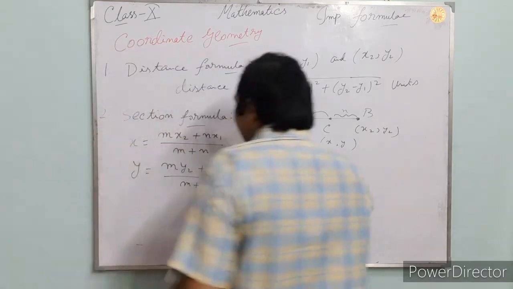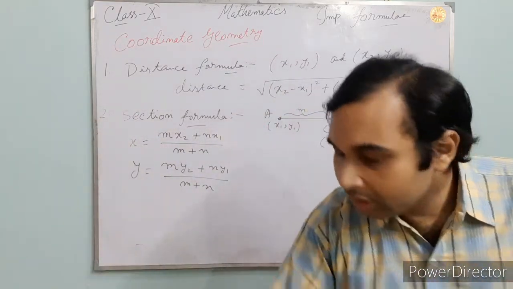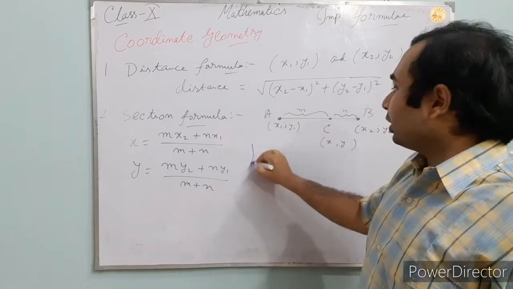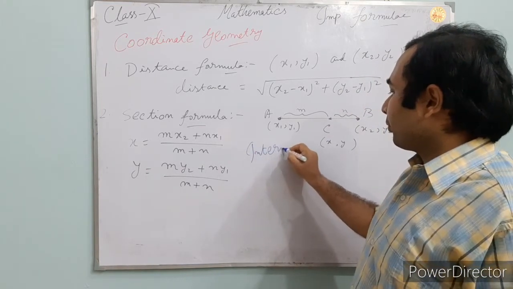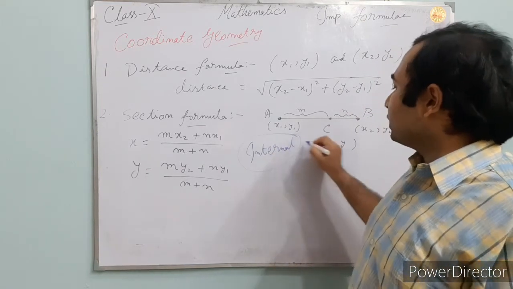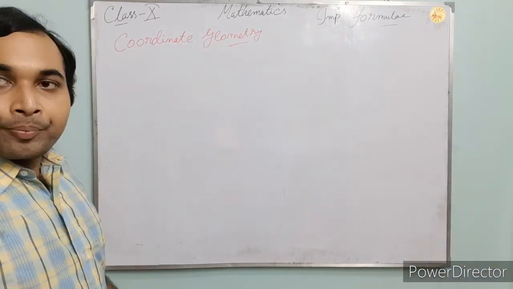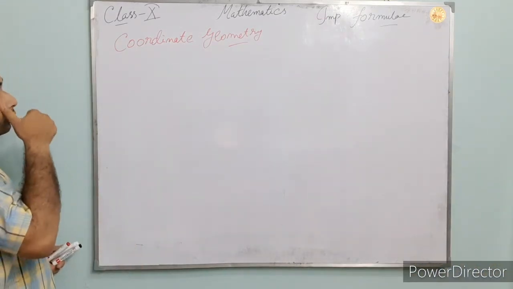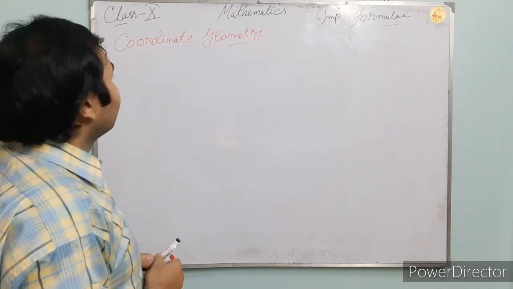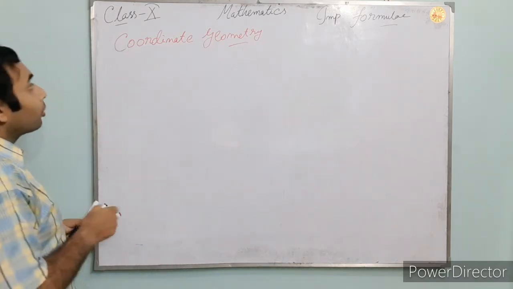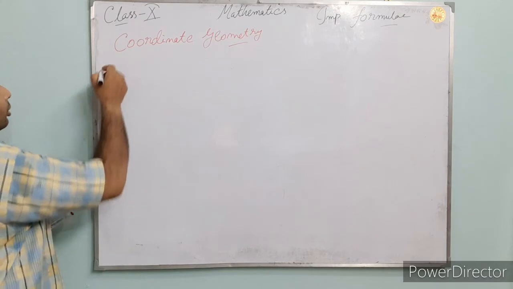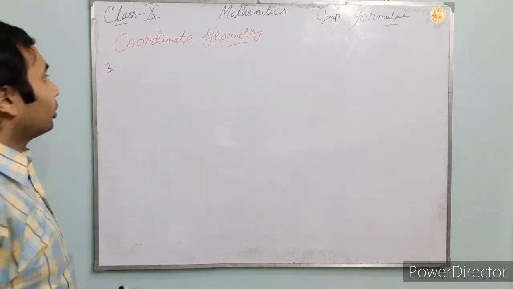This is for internal division or internal section, which is the only one in your syllabus. So we have done the distance formula and the section formula. The third formula is the centroid.